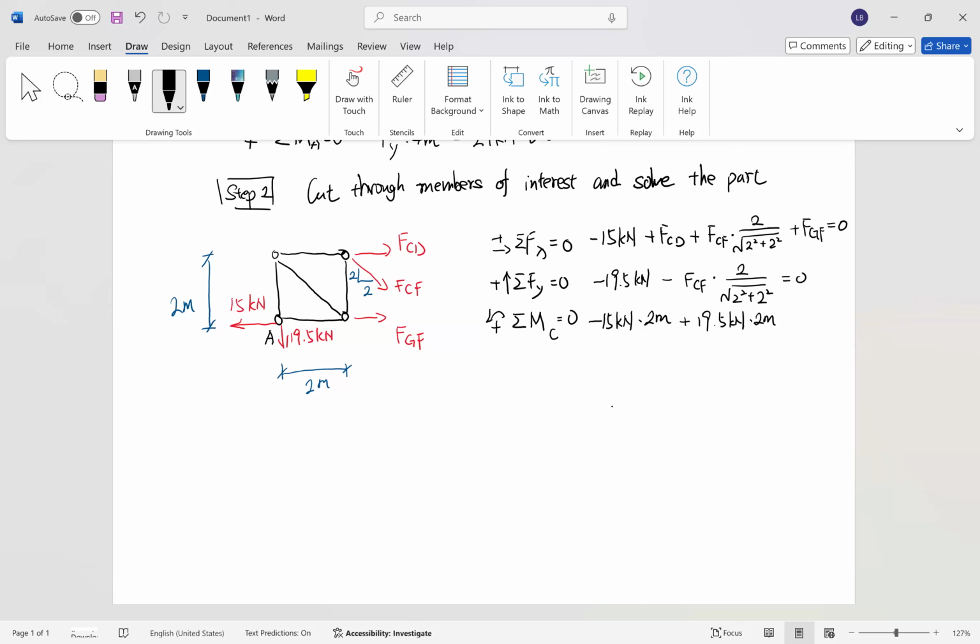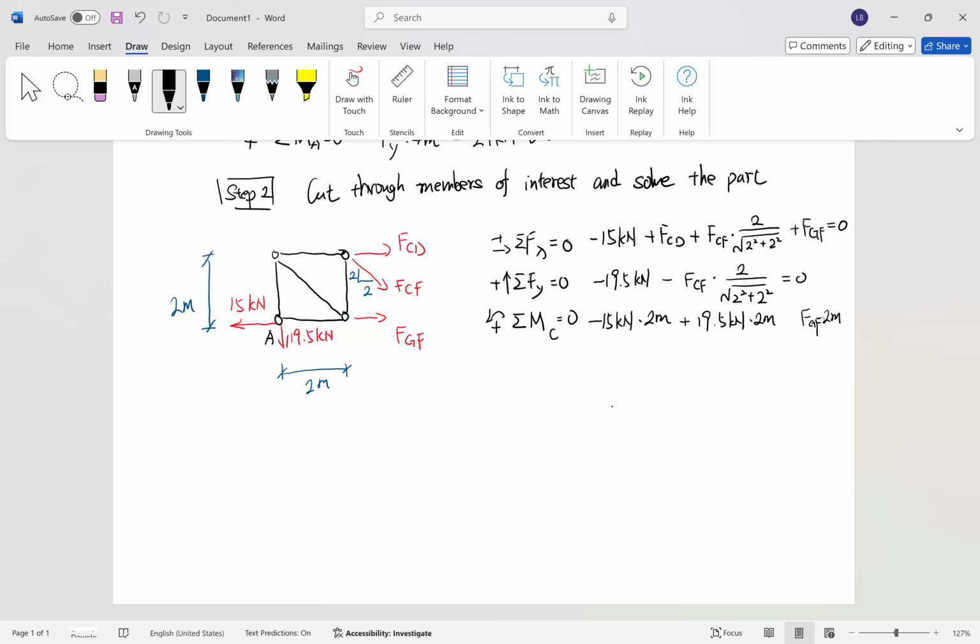And we only have FGF, right? Times the distance from its line of action to point C here. That distance is the same as the distance from the line of action of the 15 kilonewton to C. That is 2 meters. Now positive or negative here?